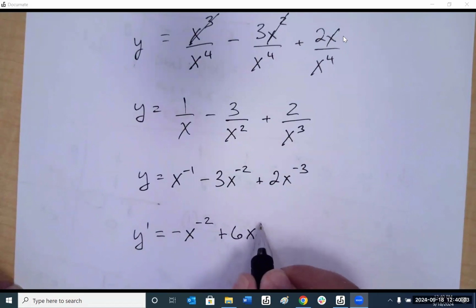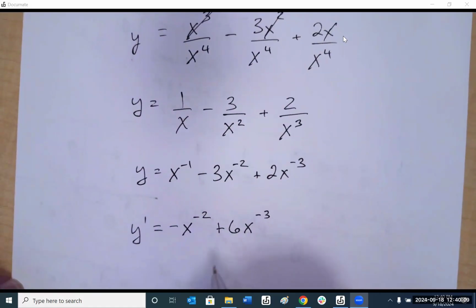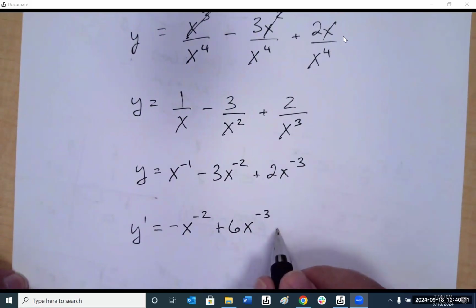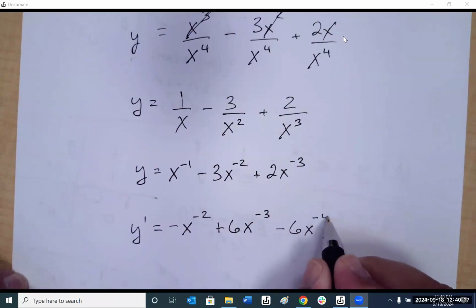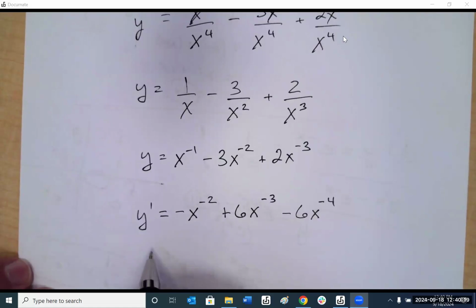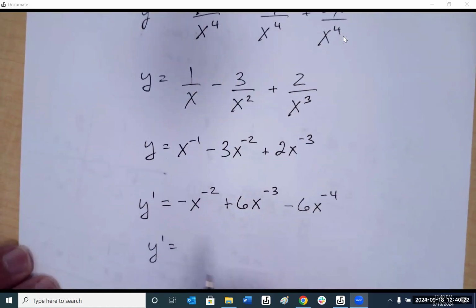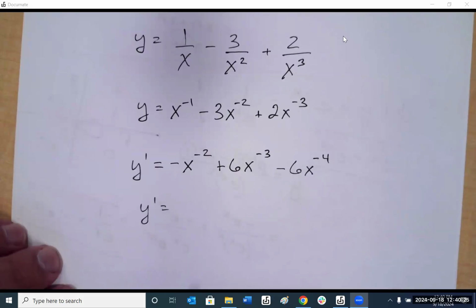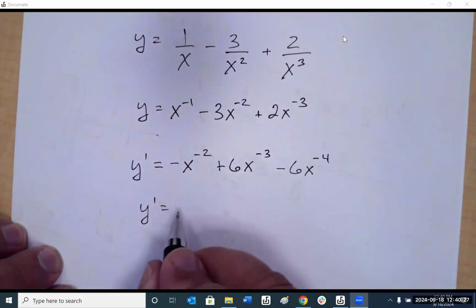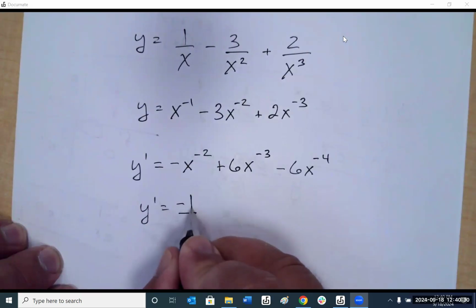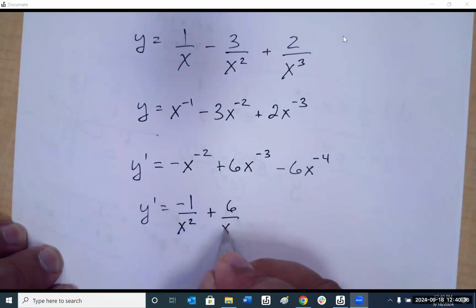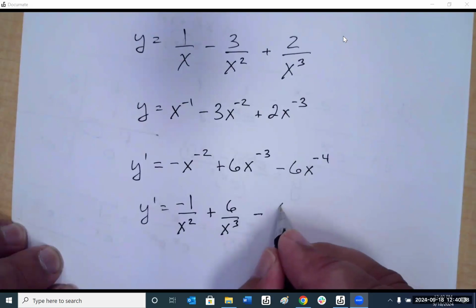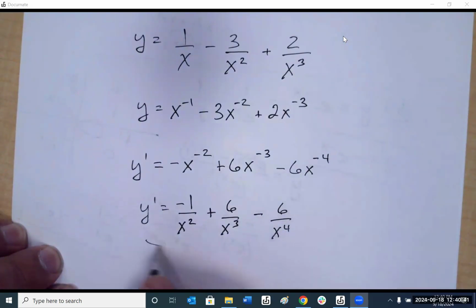Positive 6x to the negative 3, because you subtract 1. Negative 4. Very good. Which means I have negative 1 over x squared, positive 6 over x cubed, minus 6 over x to the fourth. And there's my answer.